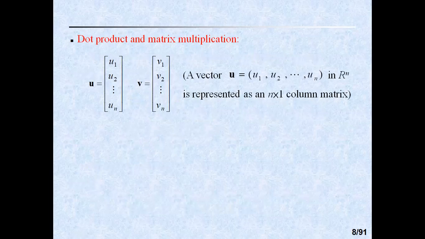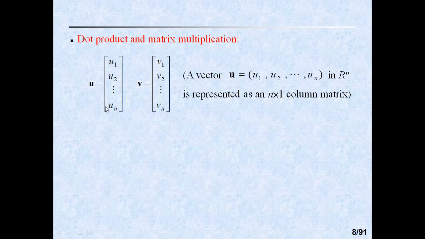Dot product and matrix multiplication. A vector u can be represented in the form of a column vector u1, u2, so on un. V is also a column vector, which can be represented as v1, v2, so on vn. A vector u1, u2, un, n-tuples in R to the power of n, is represented as an n by 1 column matrix.